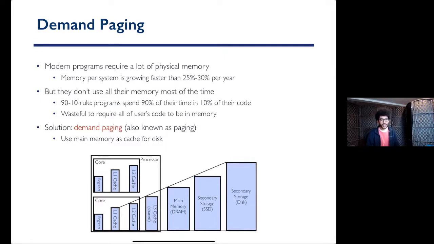Now, the third fact is physical memory is limited. We don't have a lot of physical memory. If you have a laptop, for example, it's probably 8 GB of RAM. Data center servers have, I don't know, 32 GB, 64 GB, 128 GB of RAM.